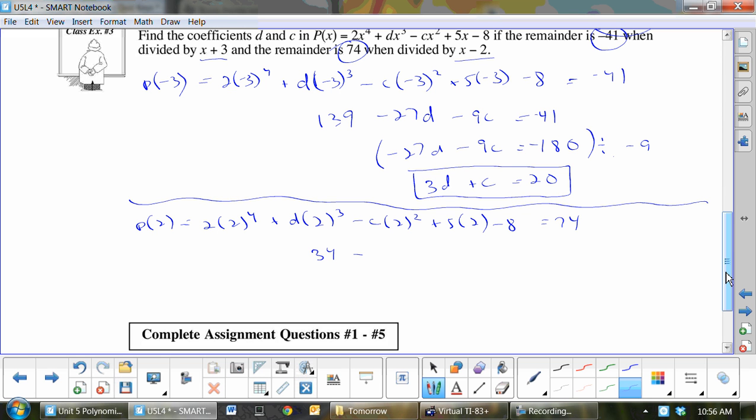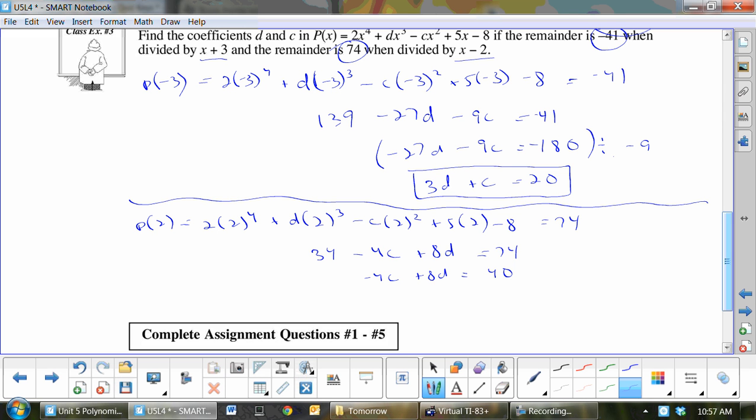So minus 4C plus 8D equals 74. And then I'm going to minus 34 to both sides. So I'll get negative 4C plus 8D equals 40.